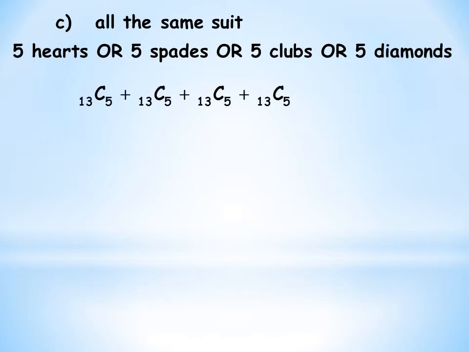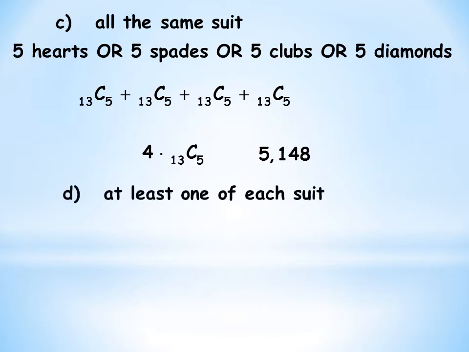There are 13 spades in a deck, and I want 5 of them, and so forth. So I'm going to have 13C5 and add these together. Another way to express this is just 4 times 13C5.